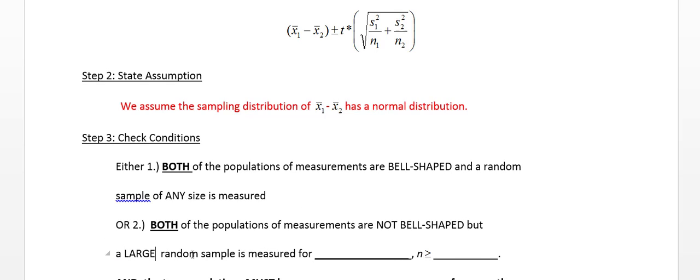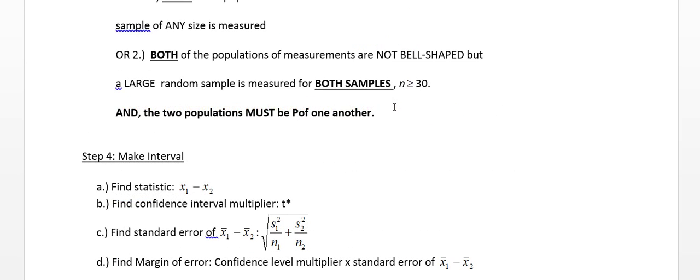And the textbook goes into a lot of detail in terms of what we could consider large. However, here, just for the sake of having a number to compare to, we'll use 30, but realize that that is affected by how big outliers might be that would affect the group. And finally, you have to assume that both populations are independent of one another.